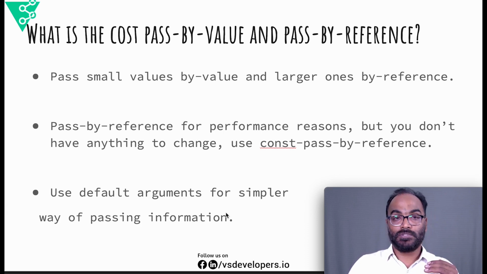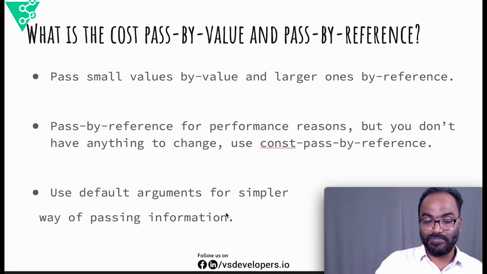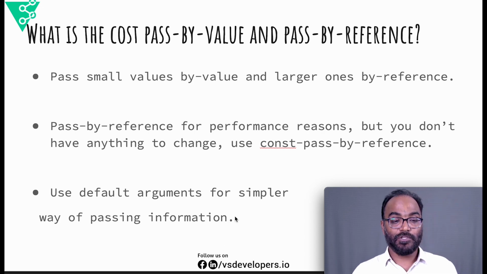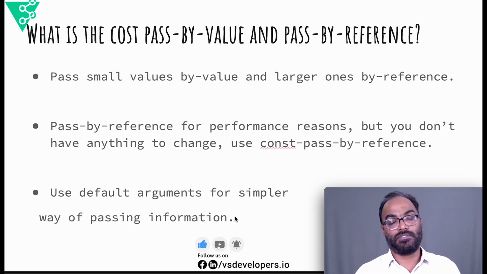So use pass by value when you are dealing with smaller values and smaller objects, and when you are dealing with larger ones, use const pass by reference, and use default arguments as a simpler way of passing information. If you don't want to pass explicitly, use default arguments so that it helps you save cost.